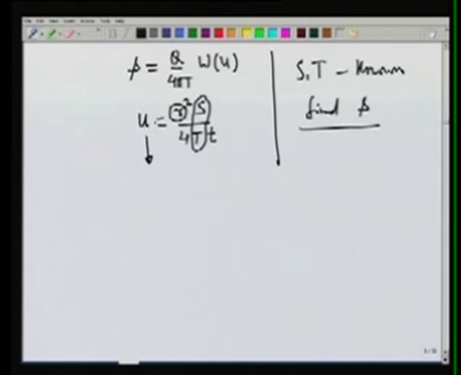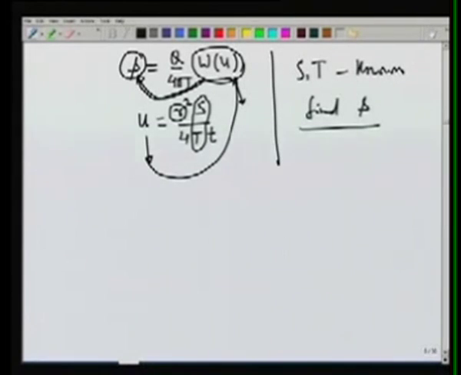Once u is computed, W(u) can be easily obtained from the tables, graphs or some equations, and therefore s will be known. So knowing u, we get W(u), knowing W(u), we get s. But the other problem where s is known or measured and we have to find S and T.